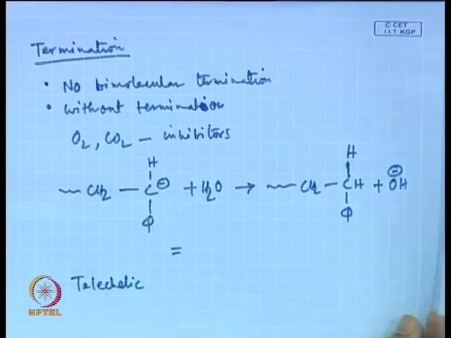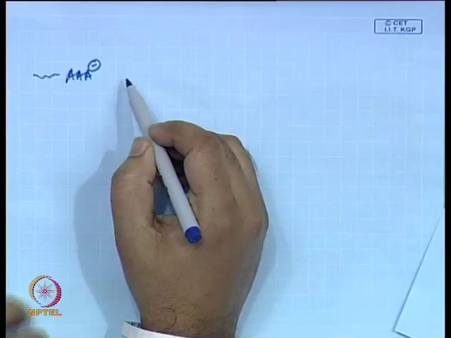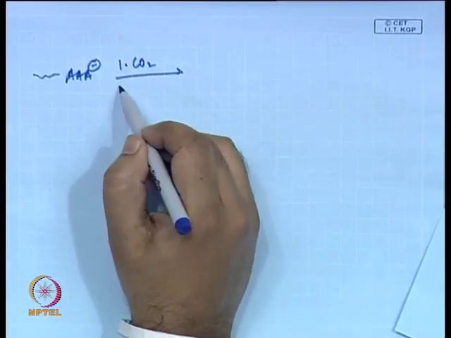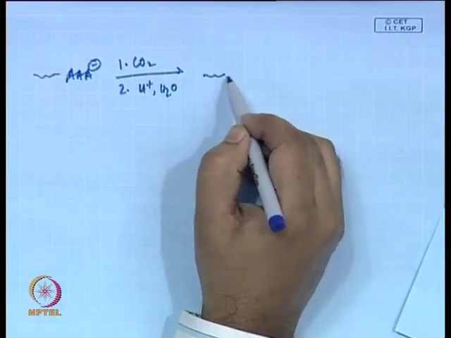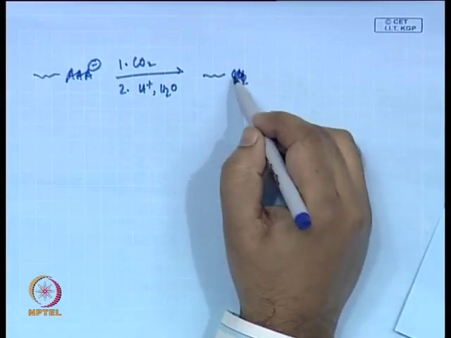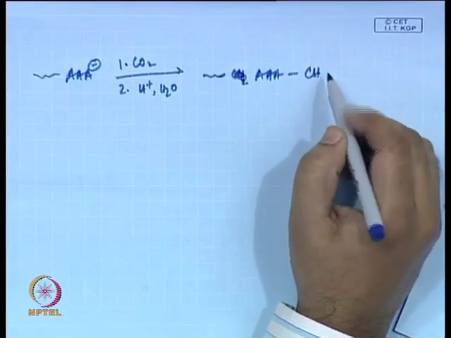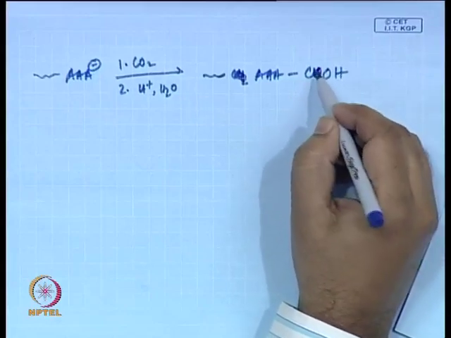For example, if I write a general polymer and you terminate by carbon dioxide and then acidify the reaction medium, you get carboxylic acid.